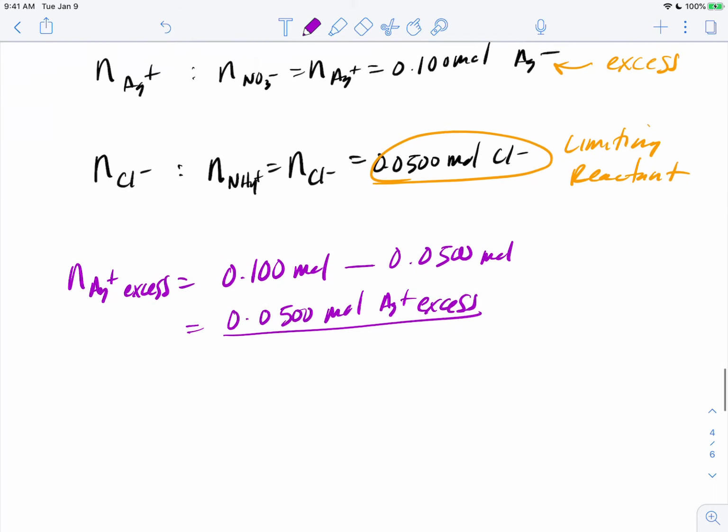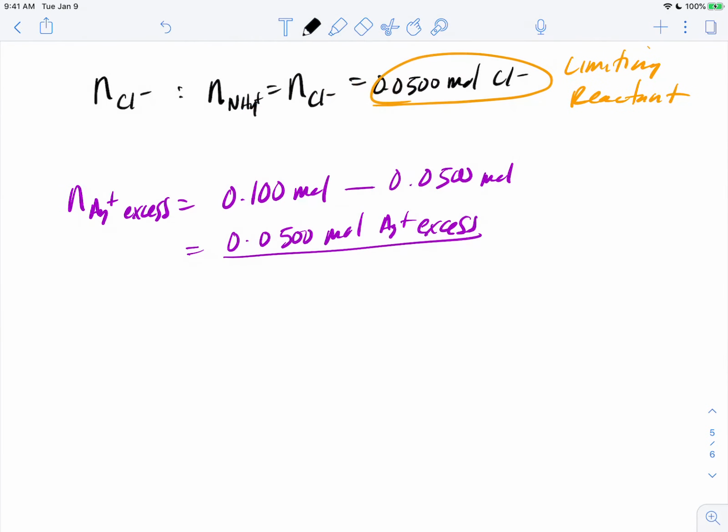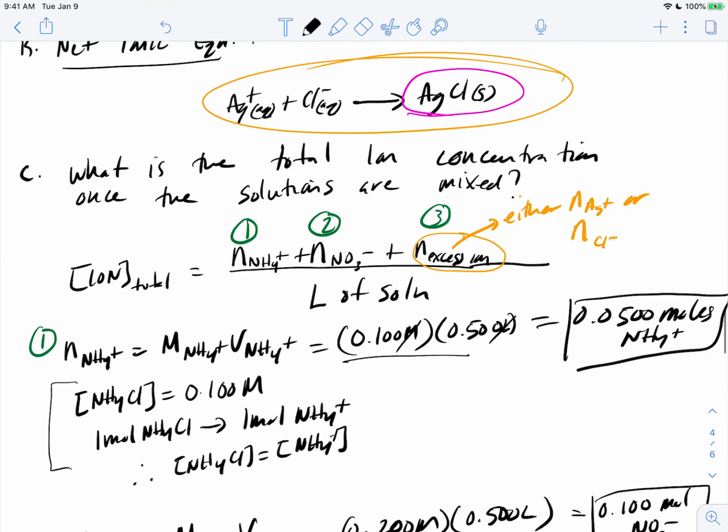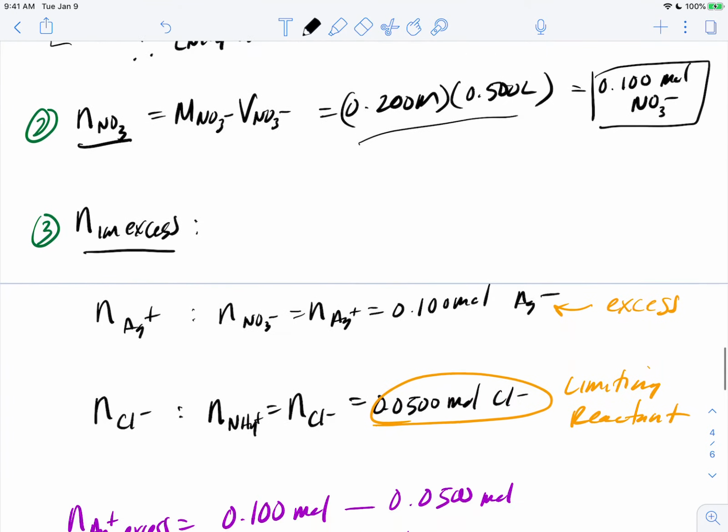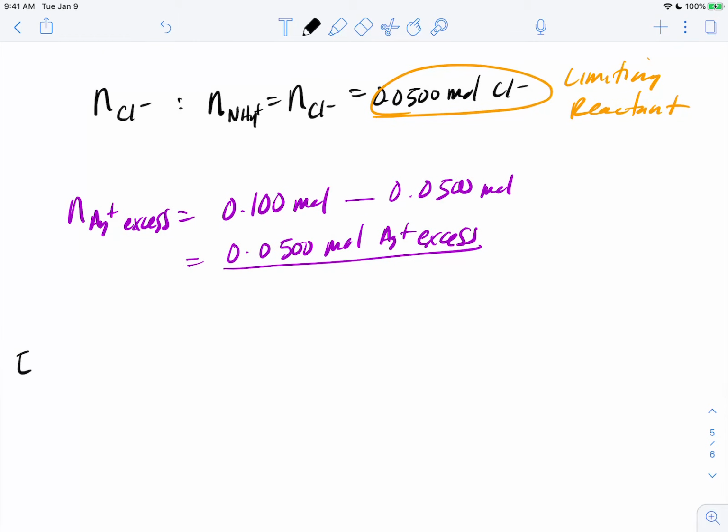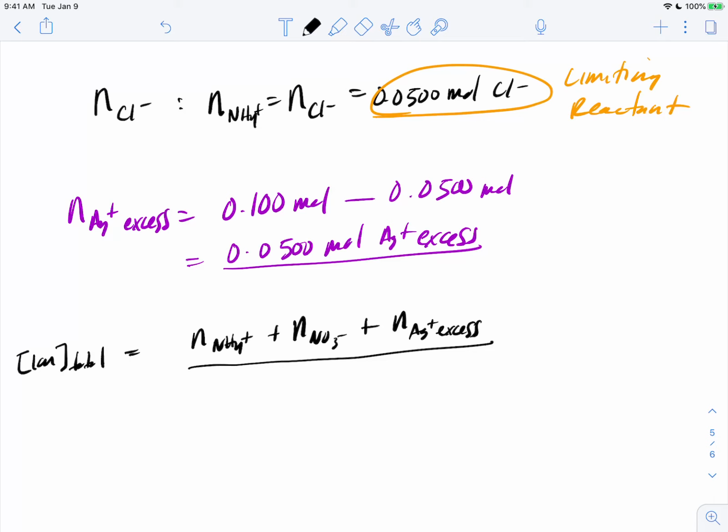Okay. So then to finish this problem, we are going to basically put everything back into this equation. So I'll rewrite it. The total ion concentration is equal to moles of ammonium plus moles of nitrate plus moles of silver in excess, divided by the total volume, which was 0.5 liters plus 0.5 liters.